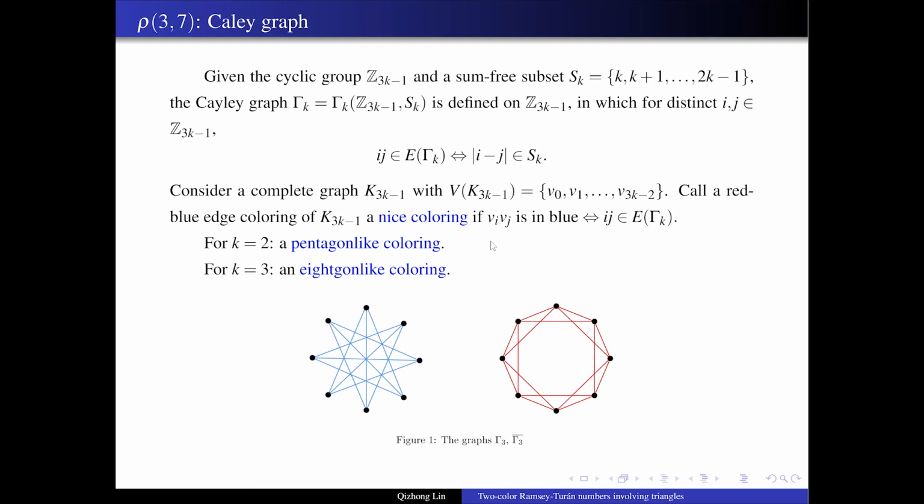If k equals 2, then it is a pentagon-like coloring as above. And for the case when k equals 3, it is an octagon-like coloring. We can see the graph as follows in figure 1. This blue graph is the calligraphic graph gamma 3.